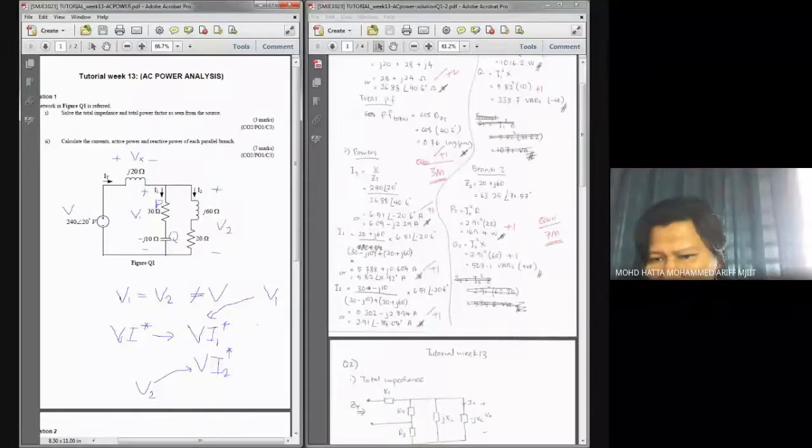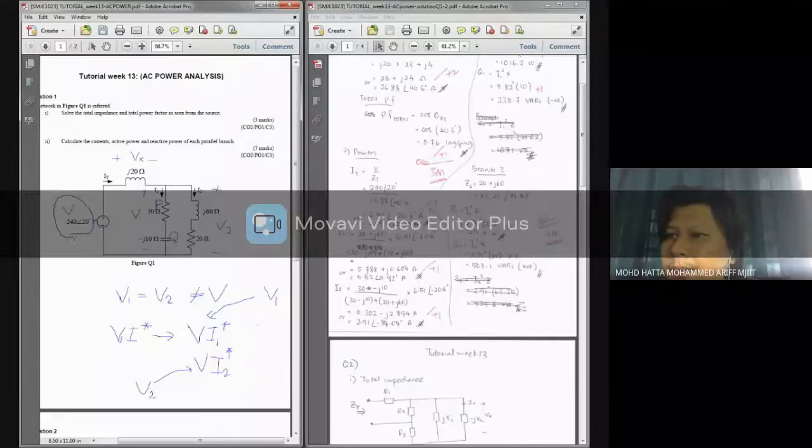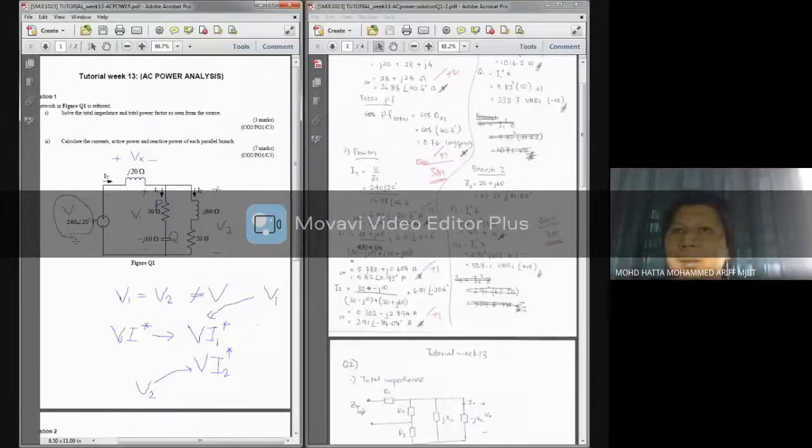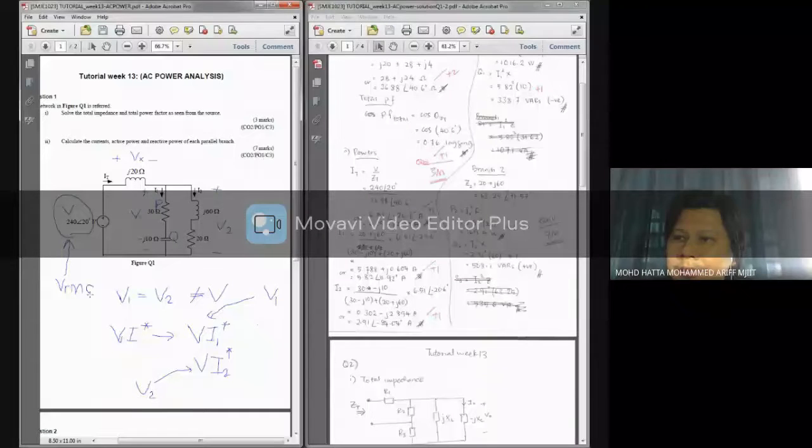Why don't we need VRMS? Oh, okay, good question. Because if you look at the information of the voltage over here, it is presented in polar form, or in its frequency domain form. If it is given like this, it means that this is already an RMS value.